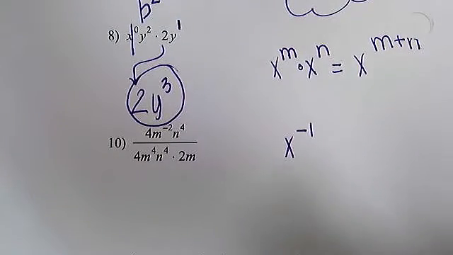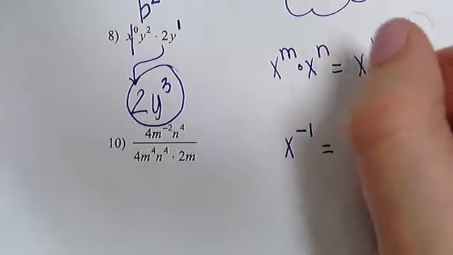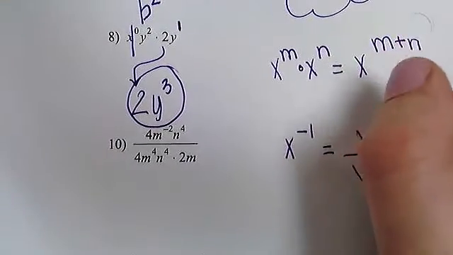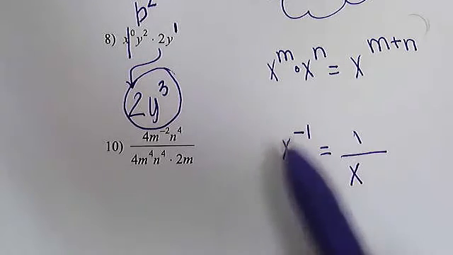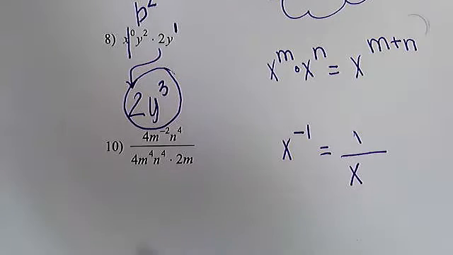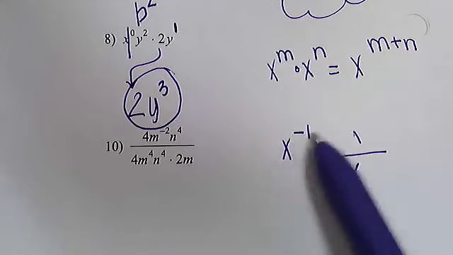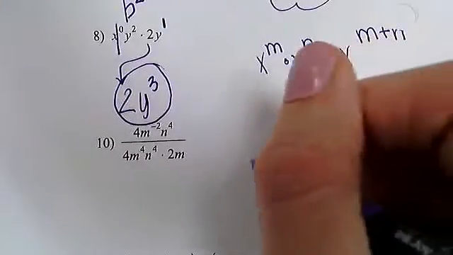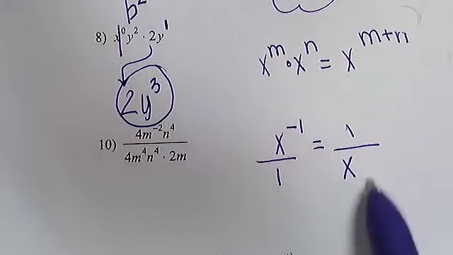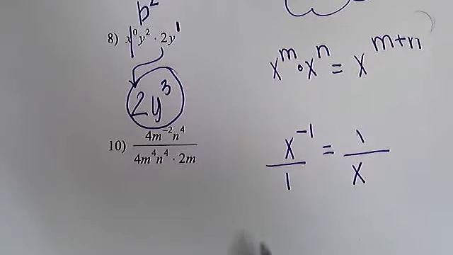Yep. So the rule is usually written out like this. So if you have x to the -1, or same thing, if you have x to any negative exponent, if it's on the top of the fraction or it's just like this, then it goes to the bottom.